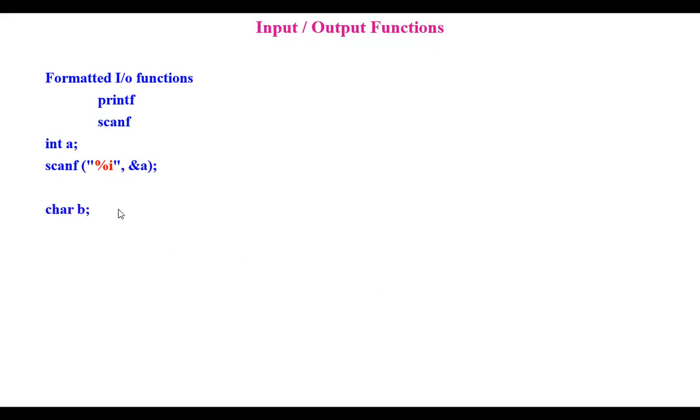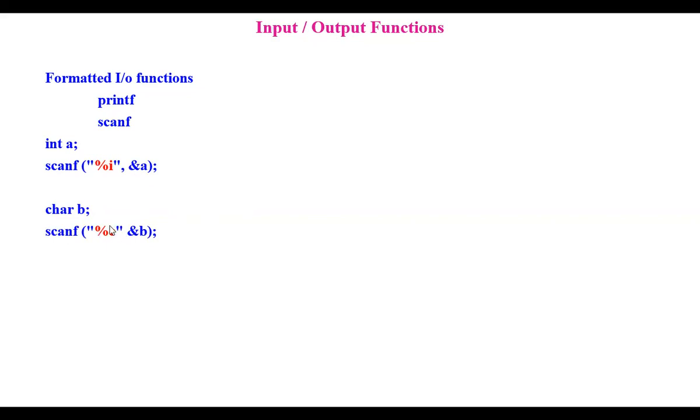Similarly, suppose we want to input a character and assign it to b, then %c is used. In the scanf function, brackets are used and two quotes are used here. In these two quotes, %c is written, and of course, a comma. Here a comma is missing. Comma should be there, and beyond that, whatever you write, this value is assigned, and this is the type of variable you are taking.